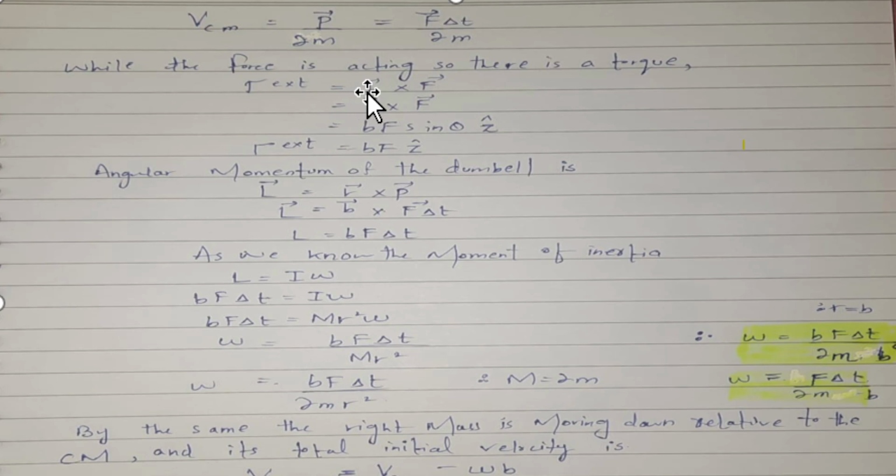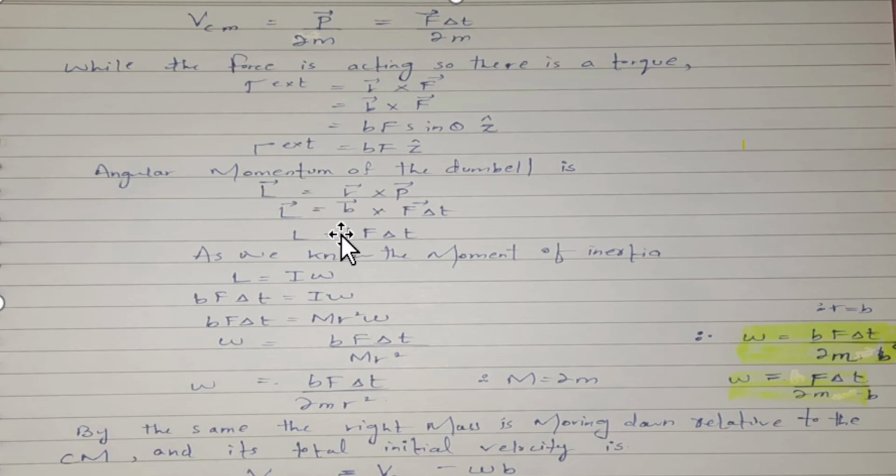Here the moment arm, which is the distance, is denoted with b, multiplied by force. A cross product of two vectors can be written in terms of the angle, so here you can write any unit vector, the z unit vector.